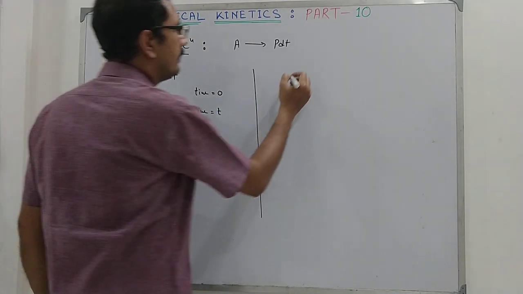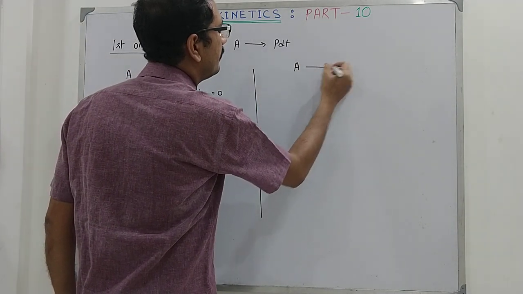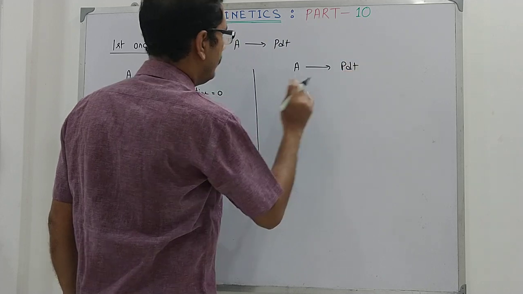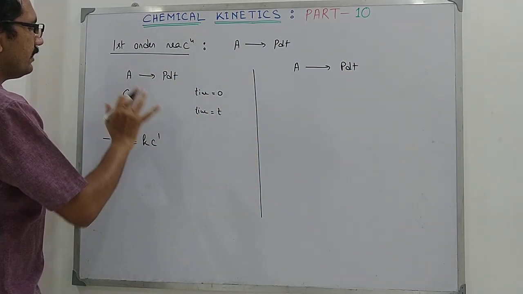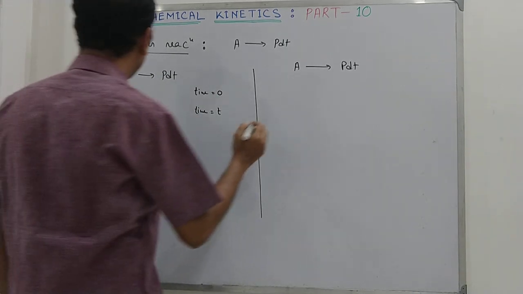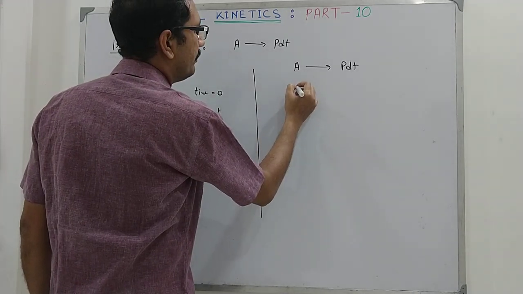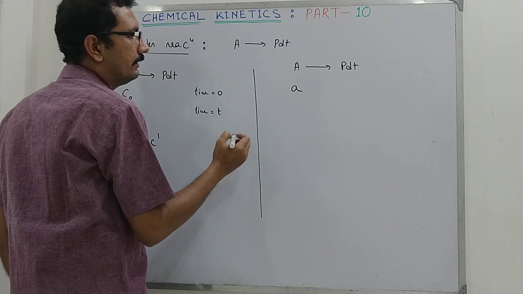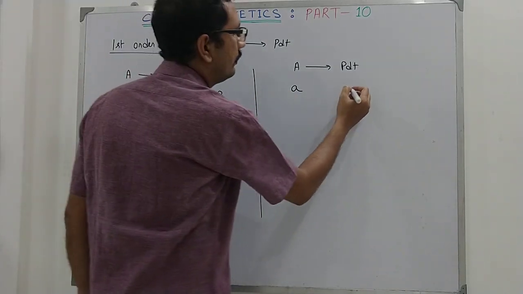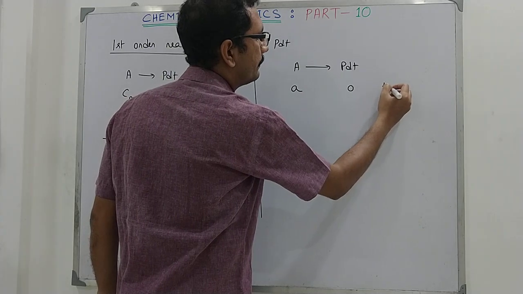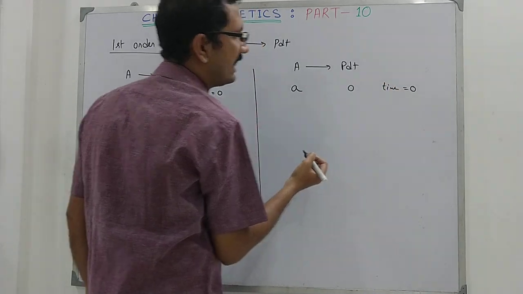Now another approach: both are exactly equivalent, but two different ways to represent the same thing. Now here we may start with the initial concentration A instead of C0. So we have 0 here. This is at the time of start.